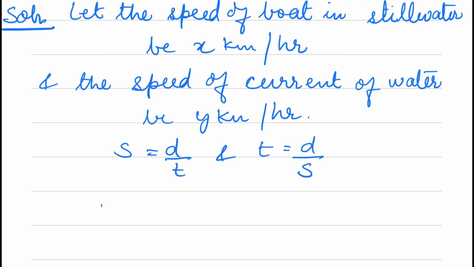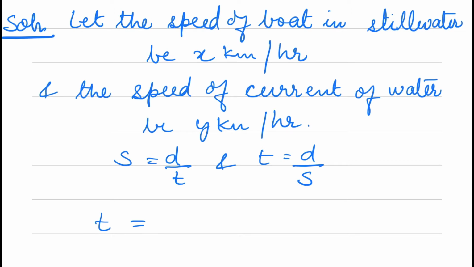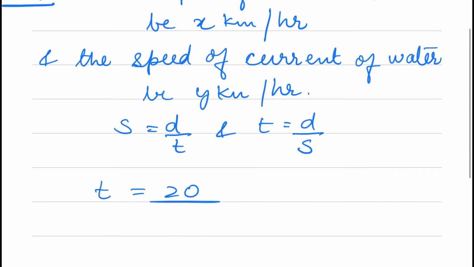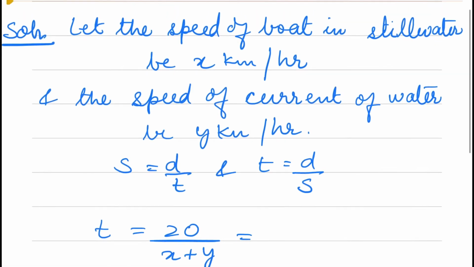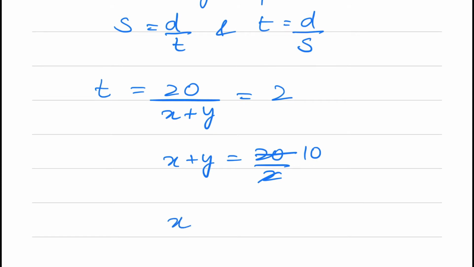So time would be equal to distance she has traveled, 20 kilometers, and downstream, so speeds of the boat and the speed of the current will be added. So this is given as 2 hours. So now solving this equation, we have x plus y is equal to 20 by 2, so 10. So x plus y is equal to 10.